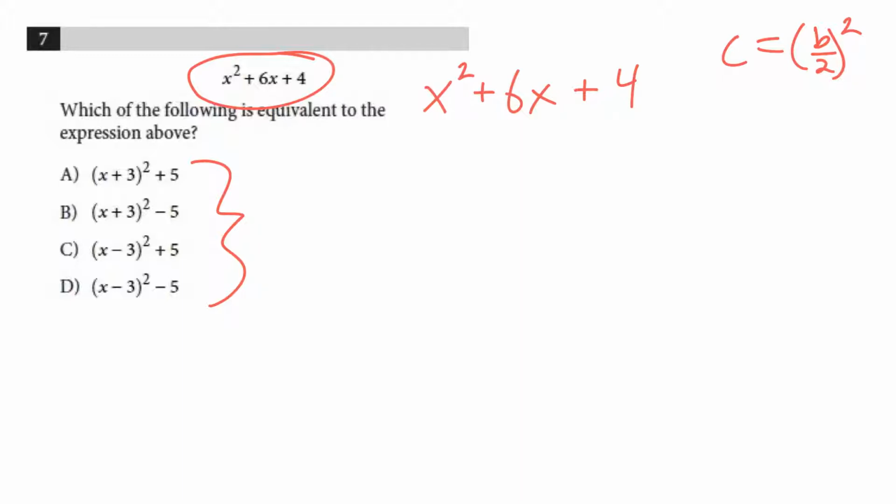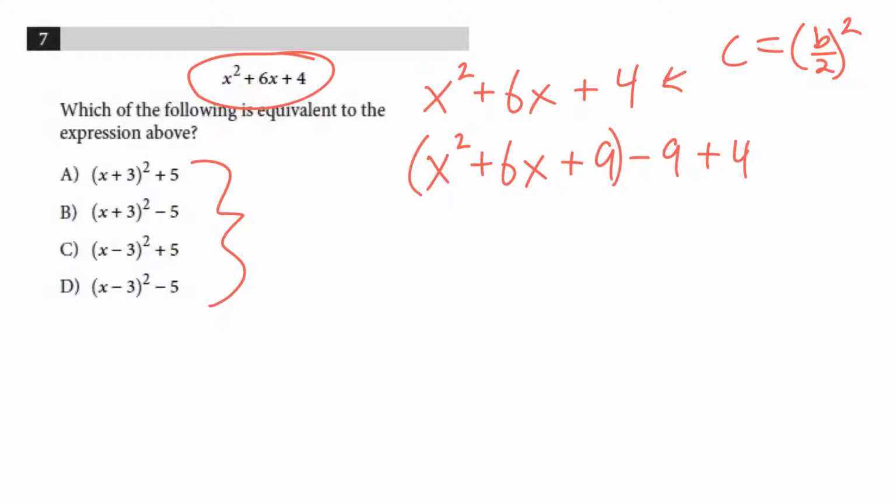So I need to have my C value be 9. And I typically just like to add the 9 and subtract the 9, instead of trying to just say, okay, well, what do I have to add to this value to get 9? I find this easier, especially when you're dealing with larger numbers.